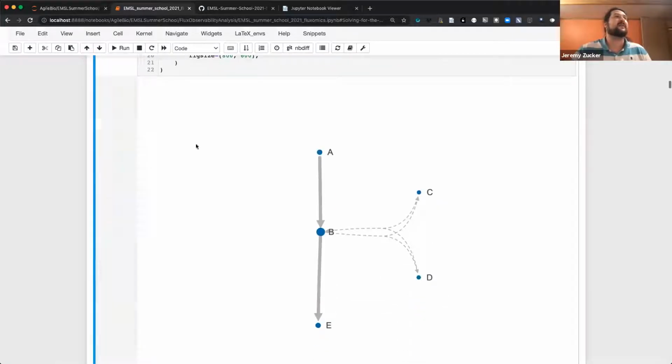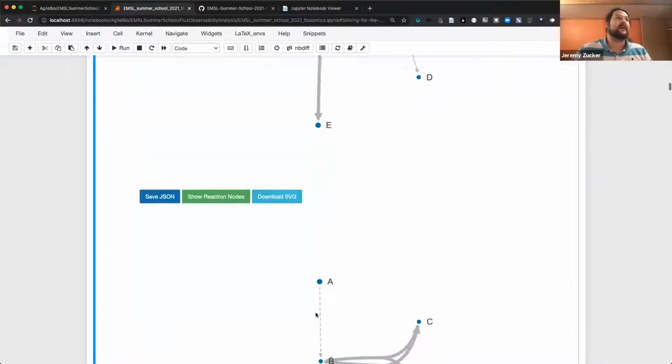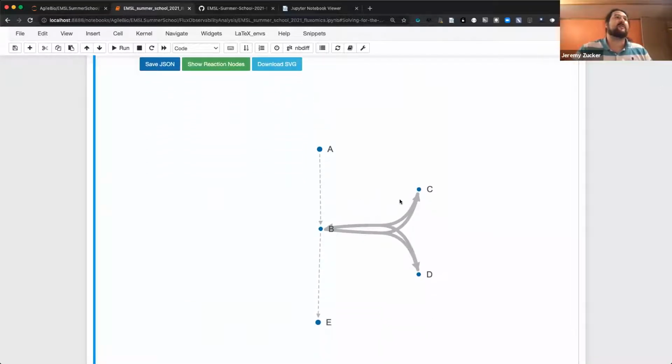What you see here is that there are 2 independent steady states in this metabolic network. The first one goes from A to B to E, and the second one just goes from B to C and D, and then back to B, and they just cycle and loop like that.